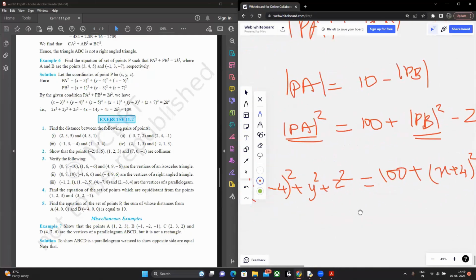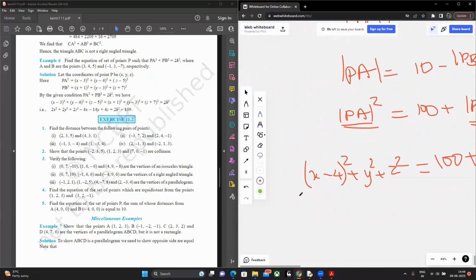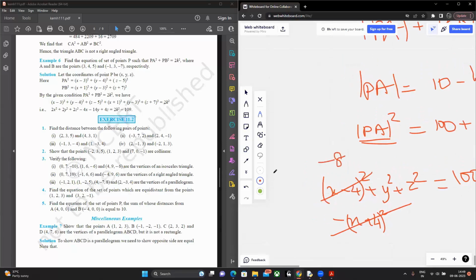All right. And you can bring this to the other side and write this as minus x plus 4 the whole square, right? Since you have x minus 4 the whole square over here, this cancels out with this and you're left with minus 16x. Because 2 into x into 4 is going to be 8x, this is minus 8x, and here it is minus of plus 8x.